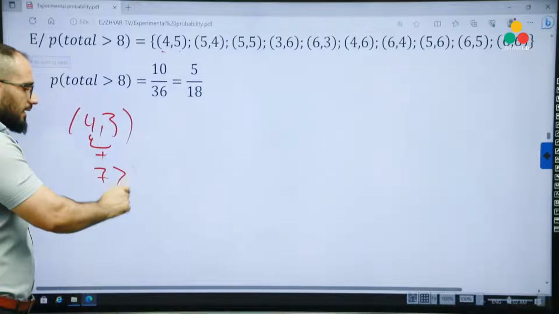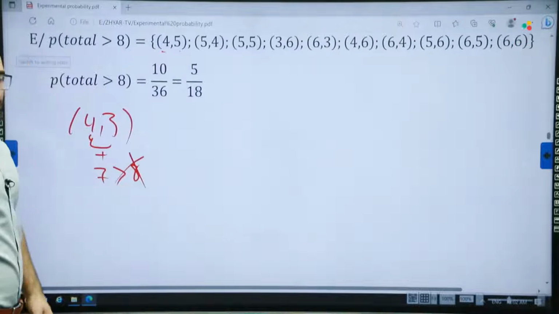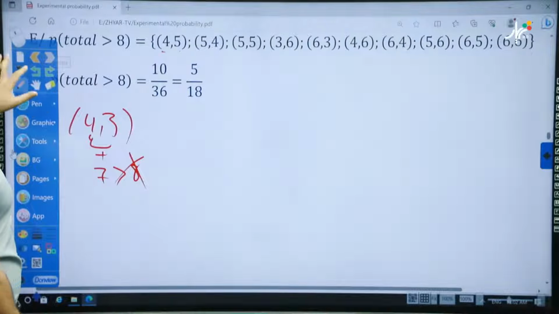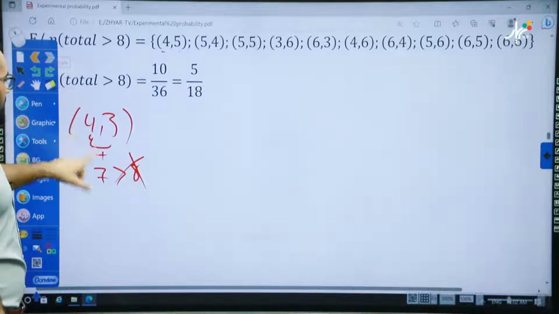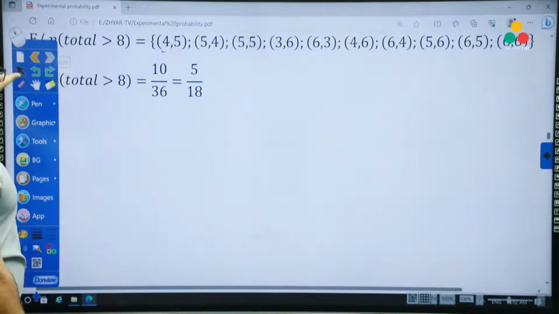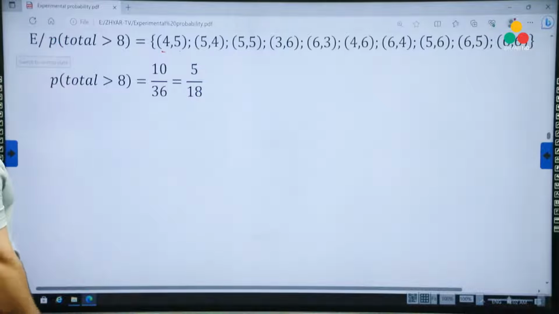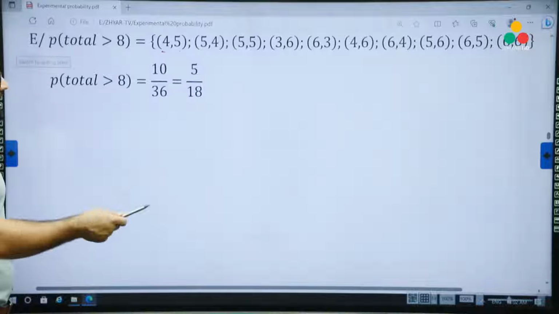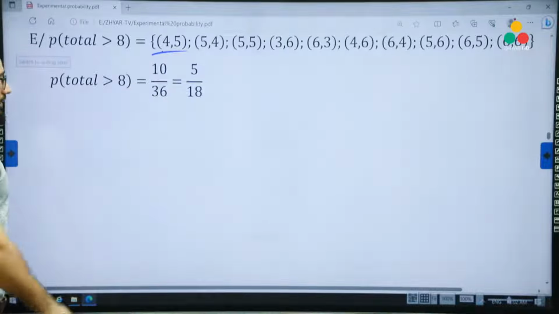Is 7 greater than 8? Of course, it's not. So that's why it's not included. Then what do we have to write? We have to write all the results that give you a number greater than 8. So here I'm going to write all the numbers that give us greater than 8.